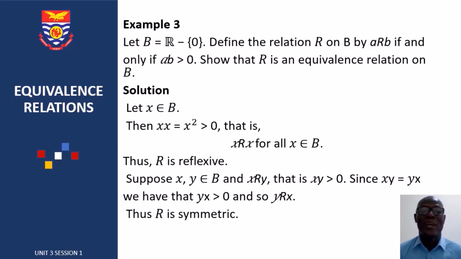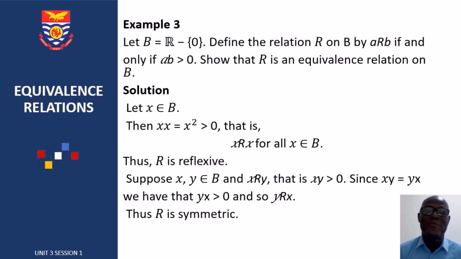Now let us show that the relation is reflexive. When we take X to be a member of B, then for the relation to be reflexive, X should relate to itself.